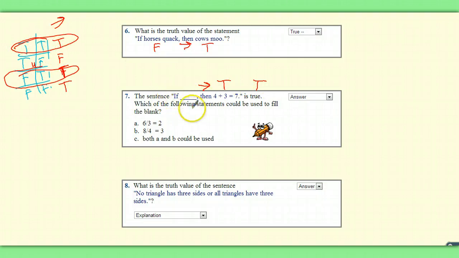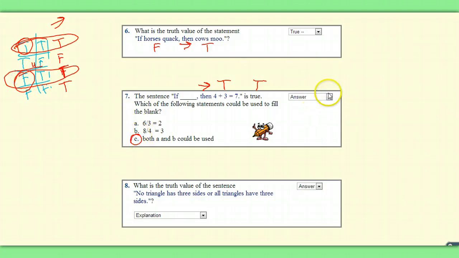Which of the following statements could be used to fill the blank? Well, 6 divided by 3 is 2, so that's true. And 8 divided by 4 is 3, and that's false. So actually, we could use either of the two statements. So C would be our answer.